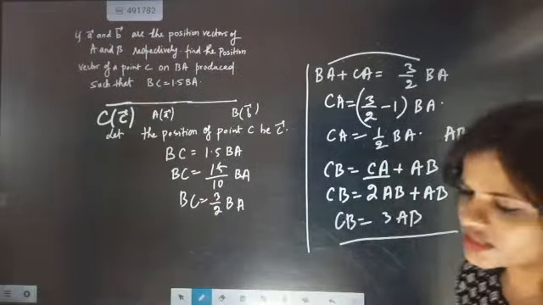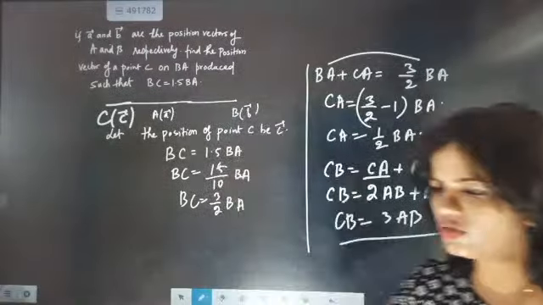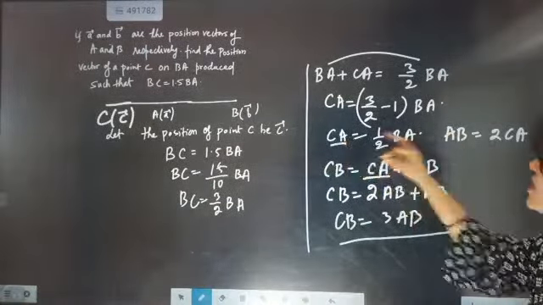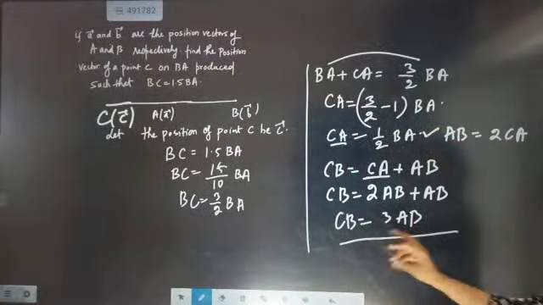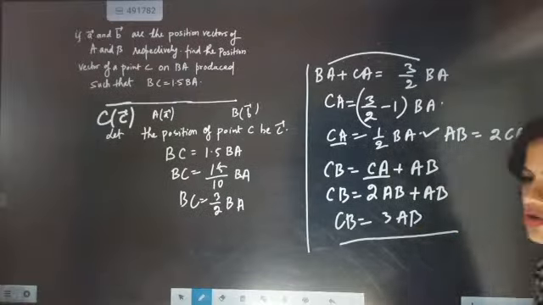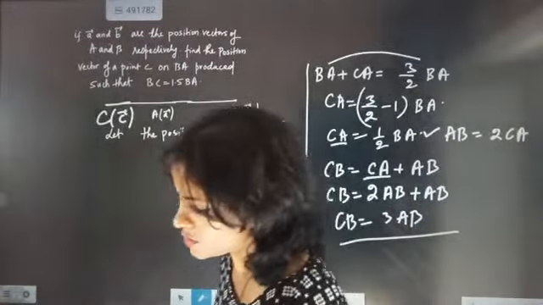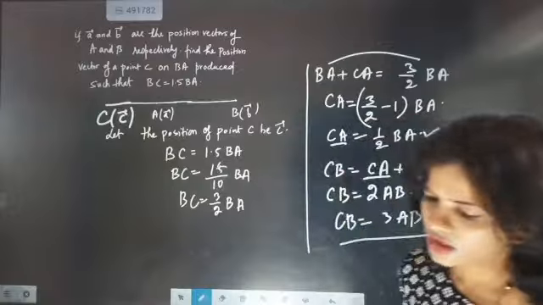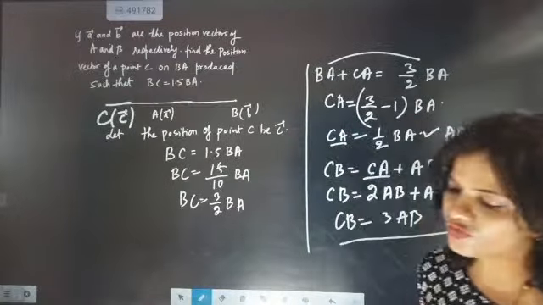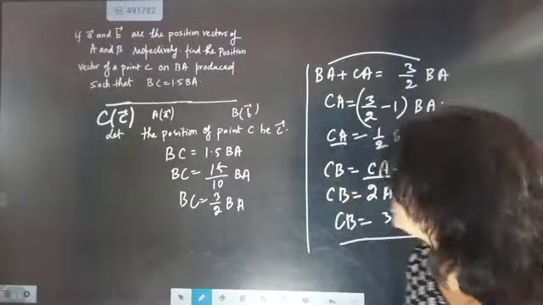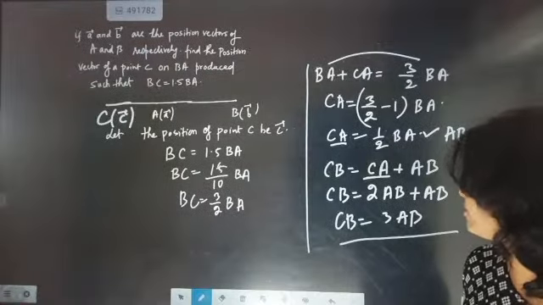Now shall we see this part? Can you understand one thing first? CA is half AB, CB is 3AB. Come on, tell me what you have understood. So CB and CA are half AB and 3AB.